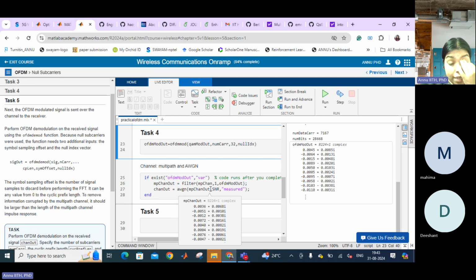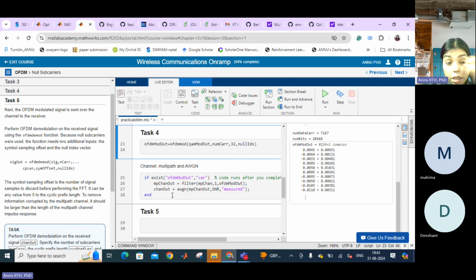Then MP channel is equals to filter. It will filter using MP chan, one, is again in OFDM mod out. Take it till filter out. So just a multiplication it will do. Okay. Then chan out is equals to AWGN and MP chan out, SNR measured.